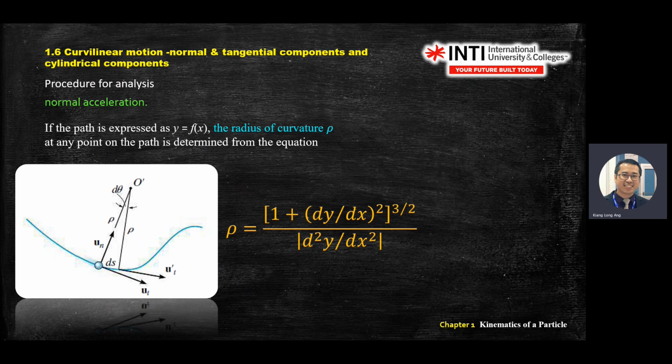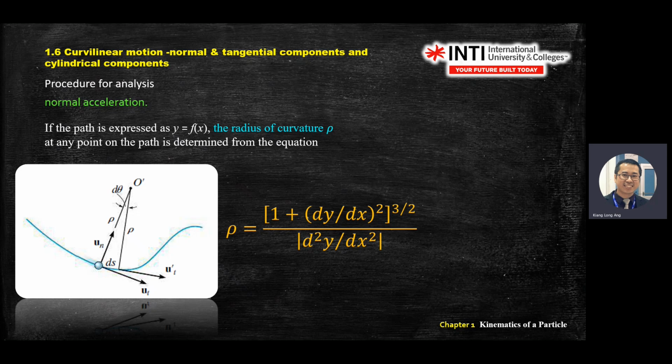Rho equals [1 + (dy/dx)^2]^(3/2), divided by the positive value of d²y/dx². You use this when you want to solve for acceleration, when you want to find the normal direction of your acceleration.